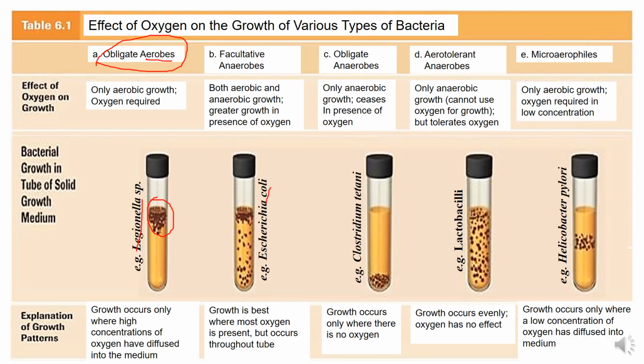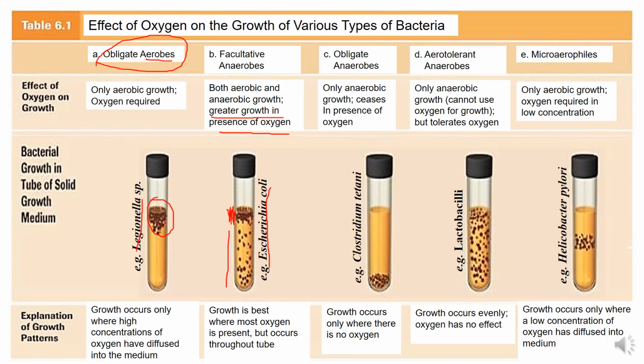Next, we look at Escherichia coli as an example of bacteria that likes to grow mostly at the top of the tube, but it also grows throughout the tube where there is less oxygen. Now, such bacteria have greater growth in the presence of oxygen, but they are also able to grow where oxygen concentration is slightly lower.